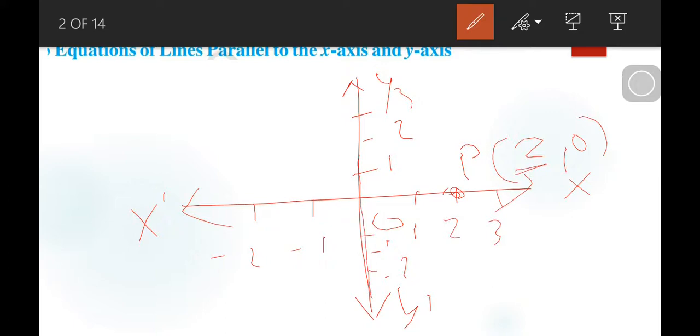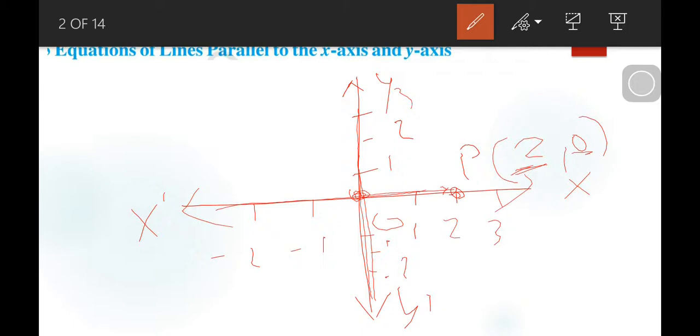It is x, the coordinate on the x-axis. The y coordinate shows the distance from the x-axis, but it is 0. So we denote the point as 2, 0.